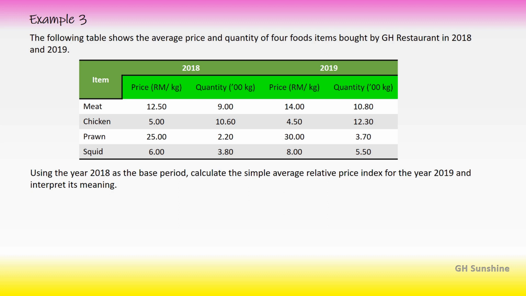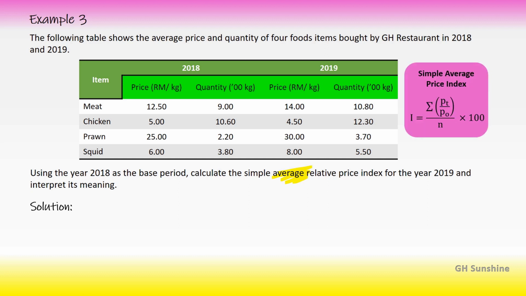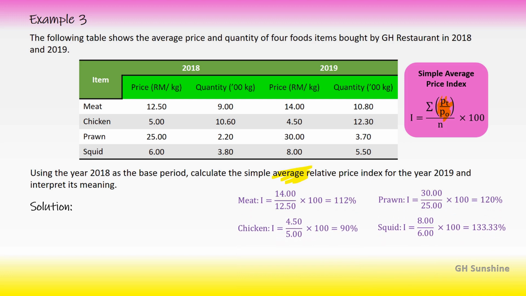So recall back on example 1, you calculated the simple relative price index, means you calculated the index for each item. But here, you need to calculate the simple average relative price index. So this one is the formula, but I need you to focus on this bracket, PT over P0. That represents the simple relative price index, which you have calculated before.